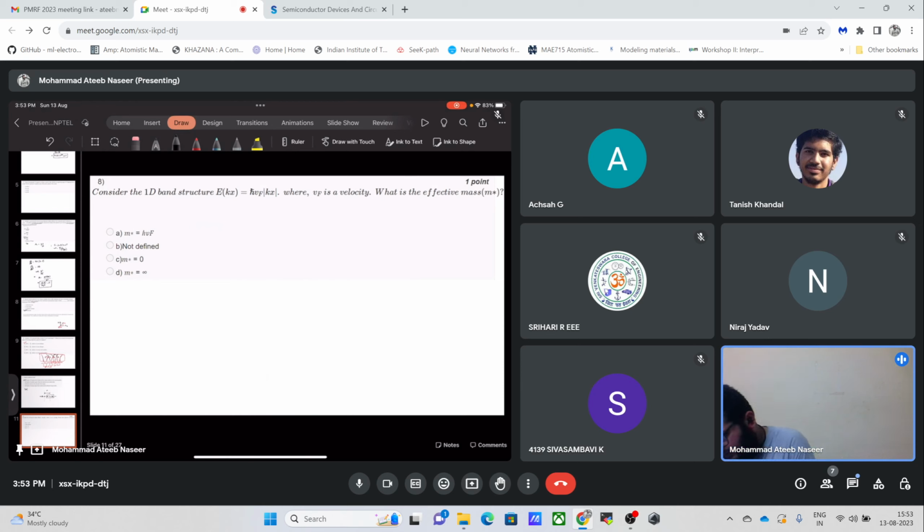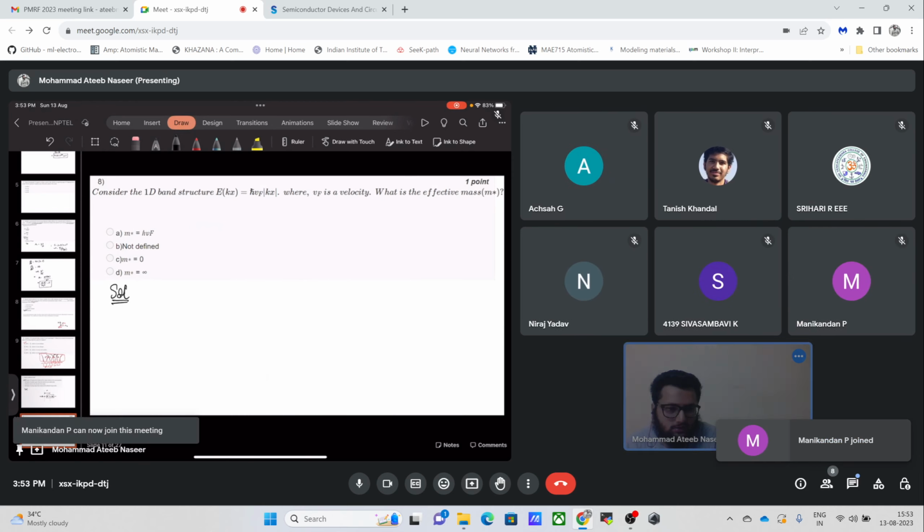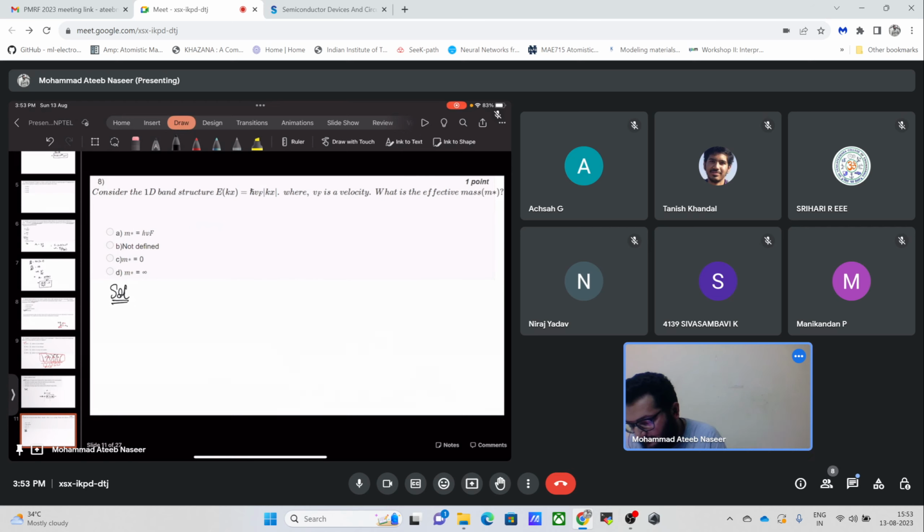Now for this particular material, if we concentrate on it, consider the 1D structure. This has a relation which is given by E equals h bar vf kx.